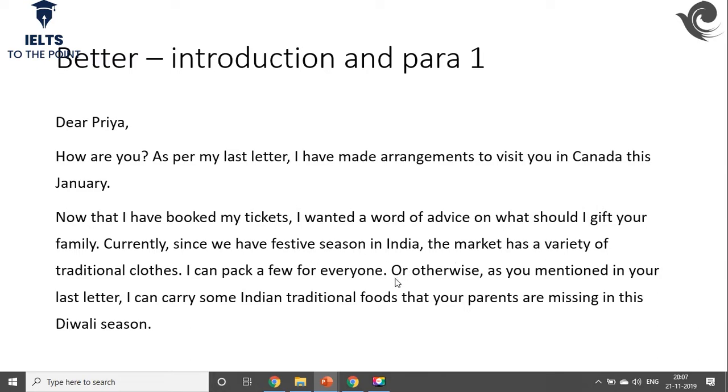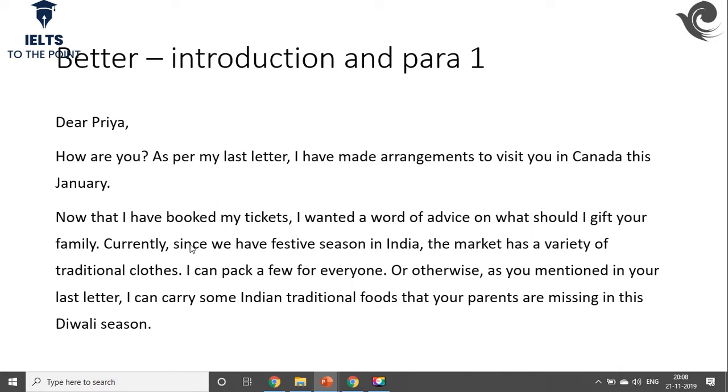Alright, so both the options are retained in our letter as well, but these cohesive devices are helping us to straighten these ideas out and make them quite understandable for any reader for that matter.